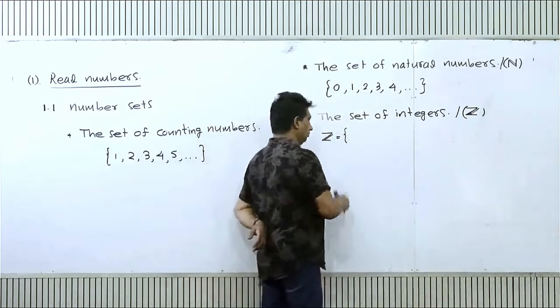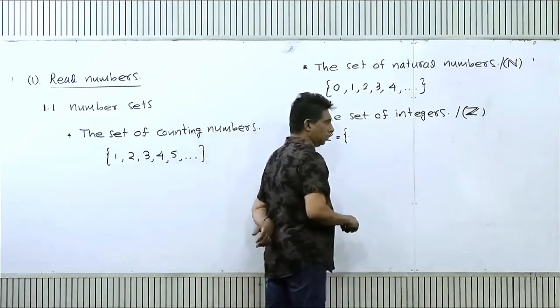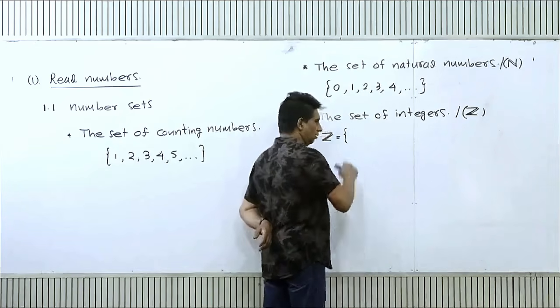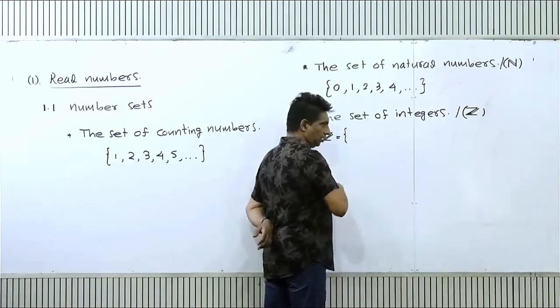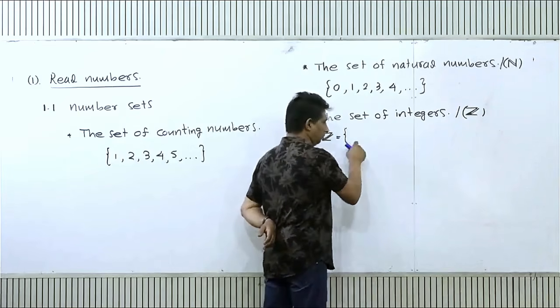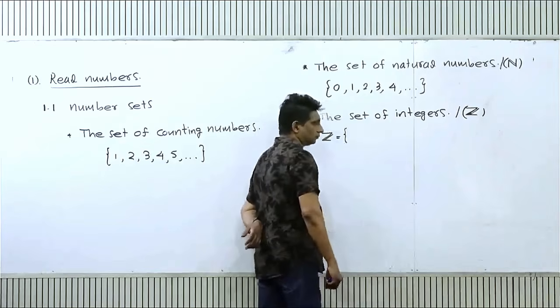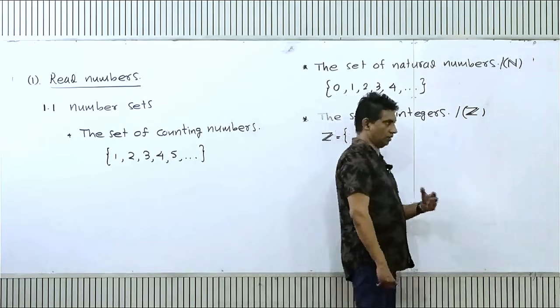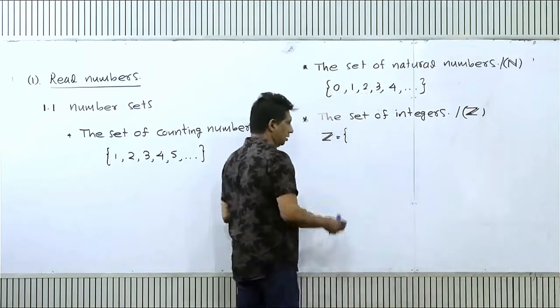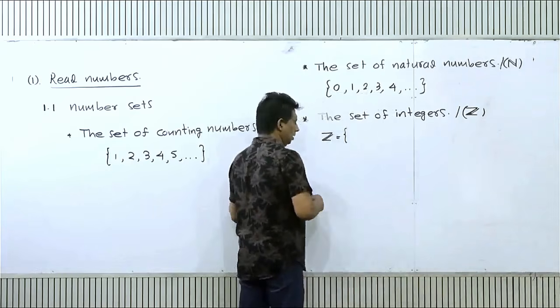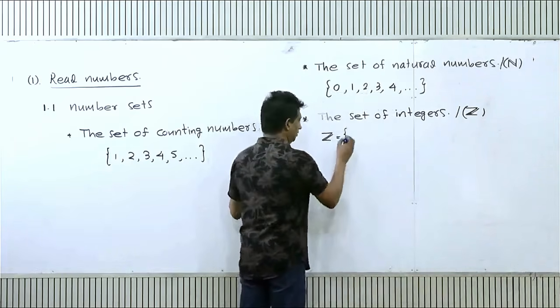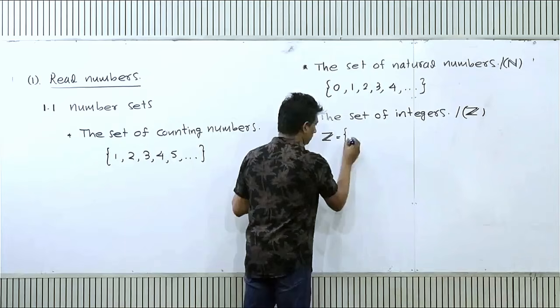So, when we write this set, we have to start with brackets and now we have to put negative integers. As we don't know what is the least negative integer, first we have to put 3 dots.